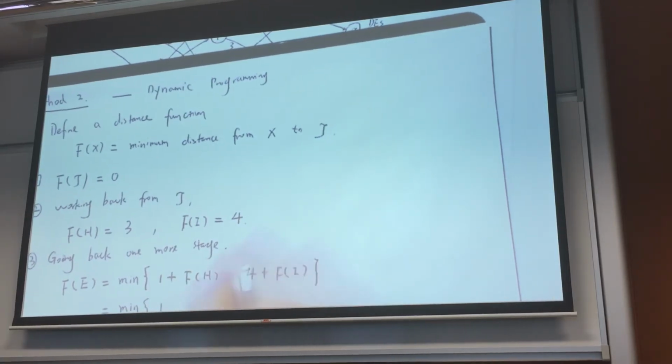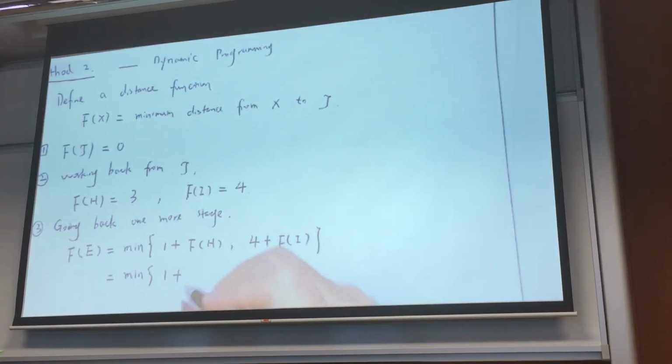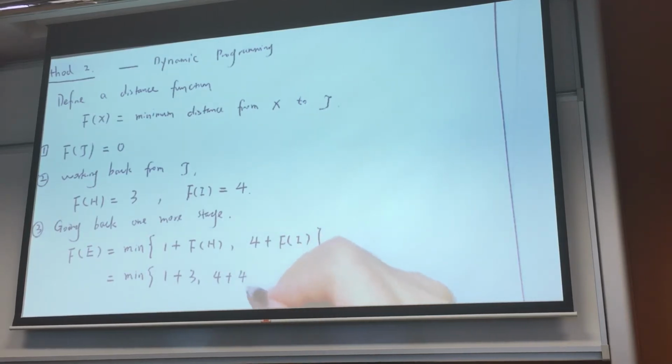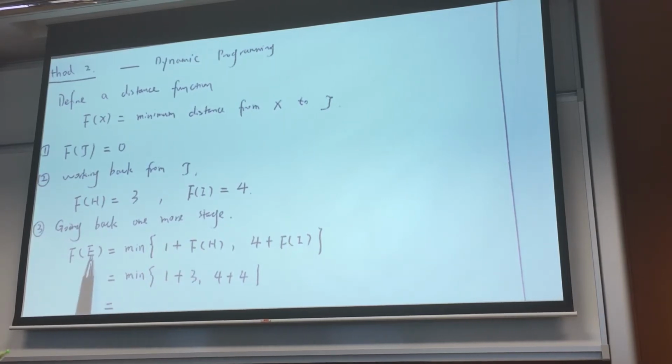So it's 1 plus f(H), which equals 3, and 4 plus f(I), which equals 4. So the minimum cost is 4, corresponding to the optimal path.